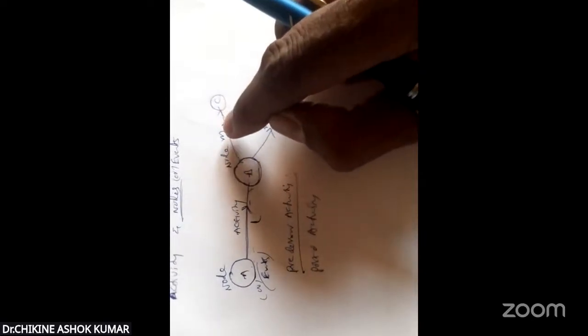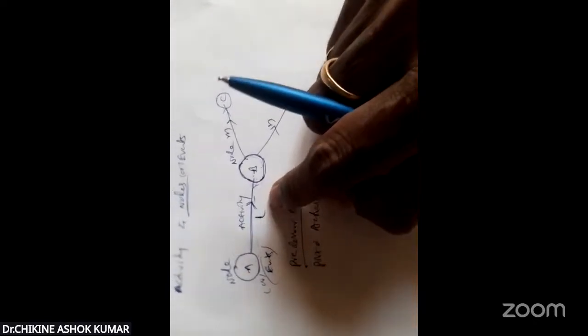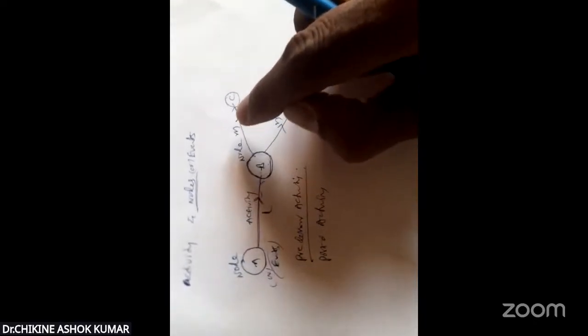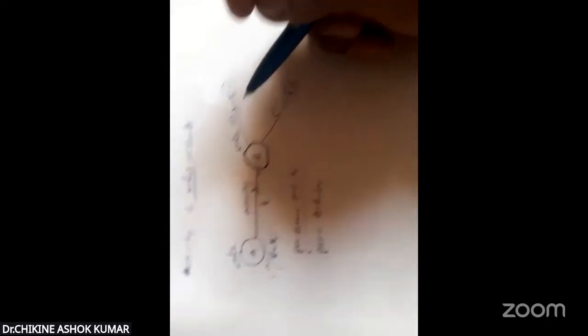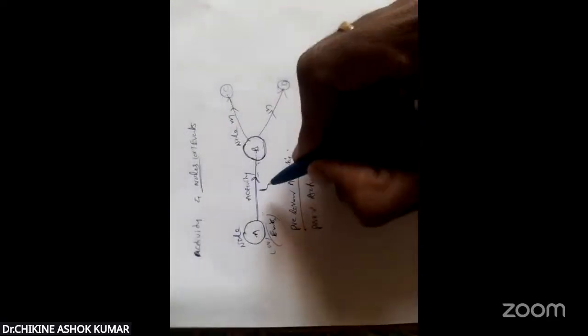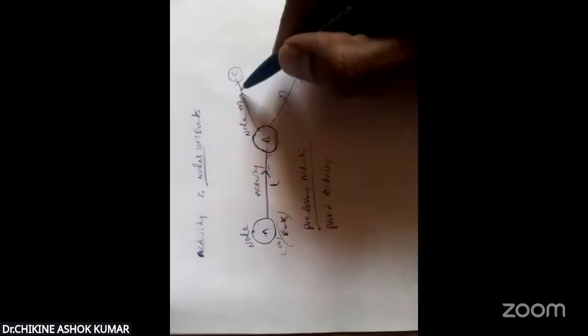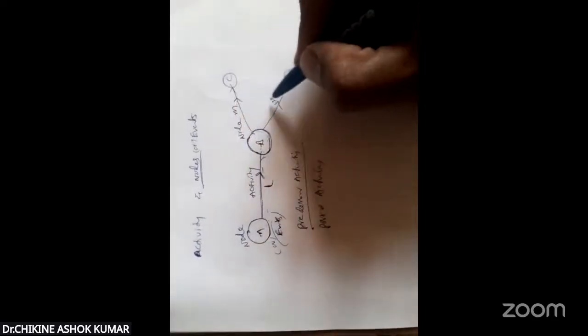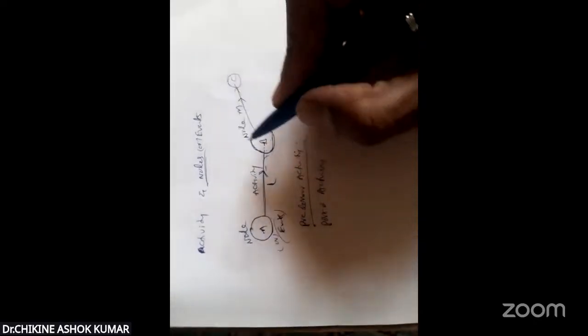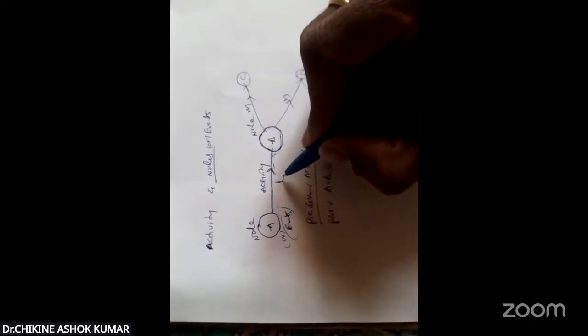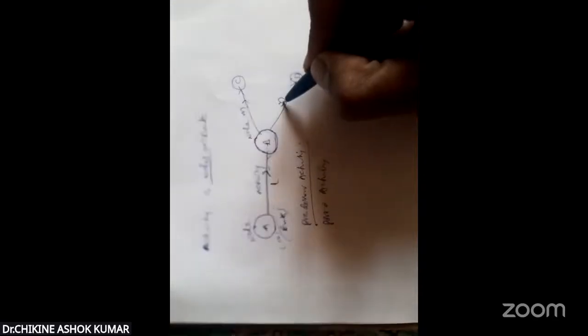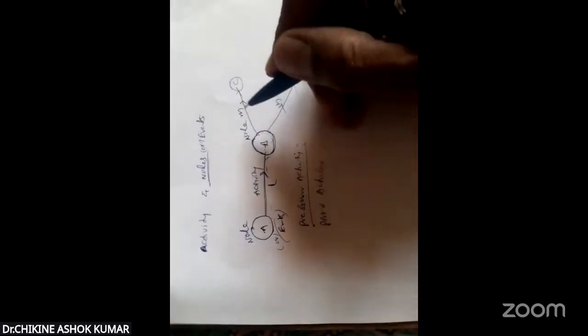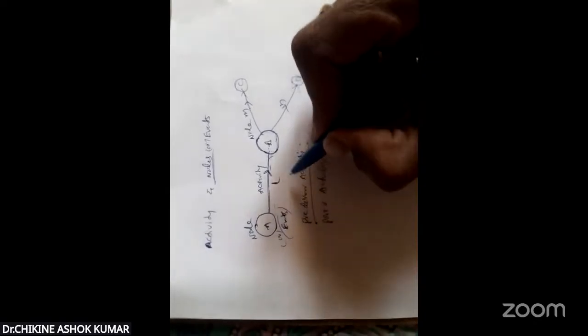After completing L, we start M and N, so M and N are the post activities for L. Predecessor and post activity.